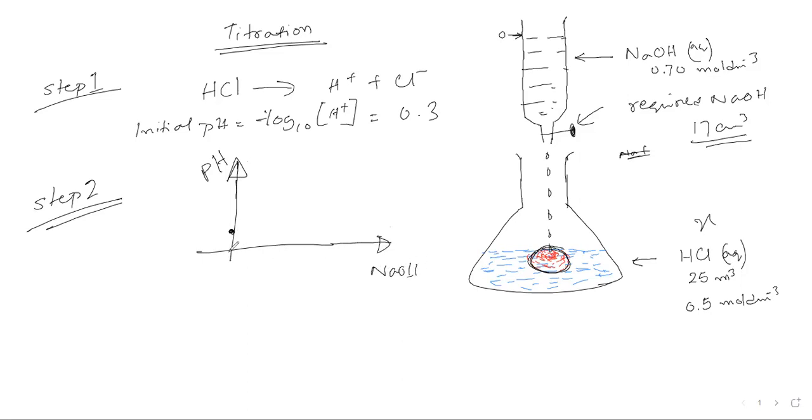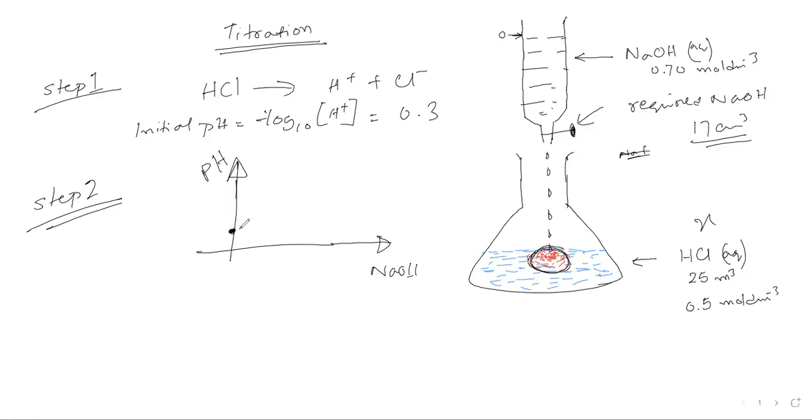Initially the volume of sodium hydroxide is zero in this conical flask, isn't it? Initially HCl is at maximum 25 cm cube, so sodium hydroxide is minimum at that point. So let's say here the initial pH of the HCl in the conical flask is 0.3. As we add sodium hydroxide, what should happen?